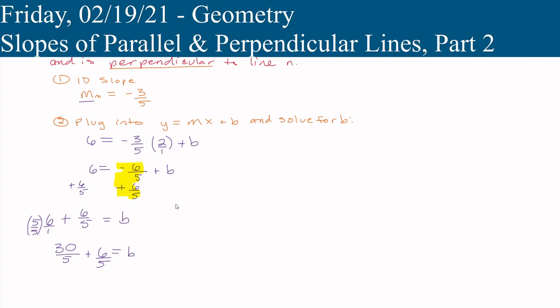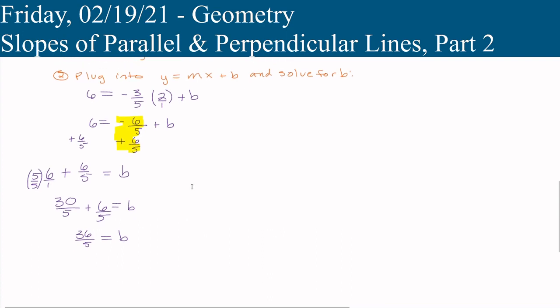Now I can add these guys together because they have this common denominator of 5. So 30 plus 6 is 36 over 5 is equal to our b. All right. Now let's combine what we have, because the third step was to, and then refer back to your toolkit if you have to.